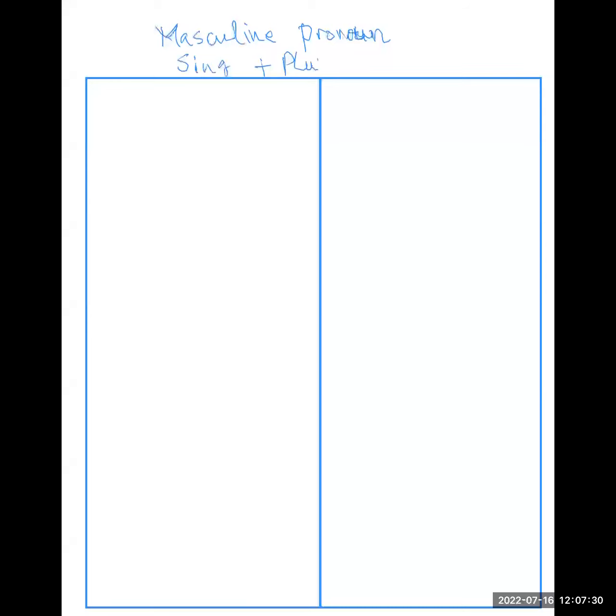There is another concept of dual, okay? So we are not going to do the duals. Arabic is the only language which has a different pronoun for two people. But we are not learning that right now.